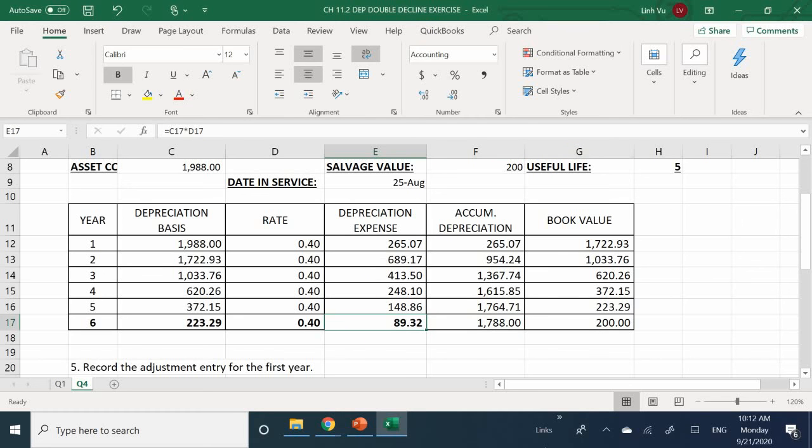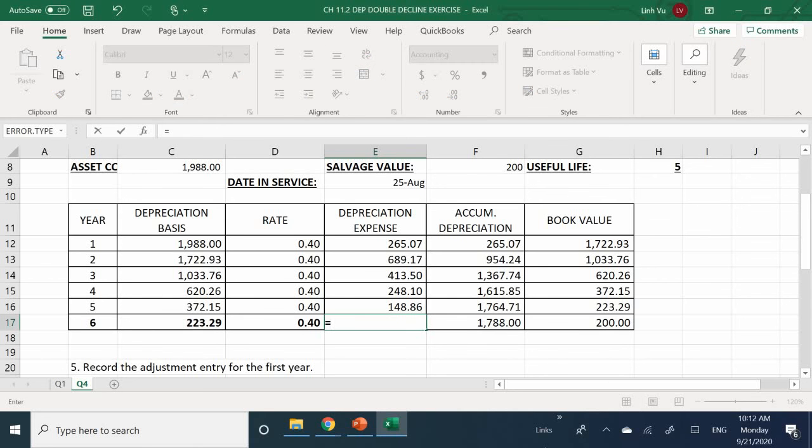If we do a little simple math here, we have our accumulated depreciation, we have our previous years. So my formula is going to be my accumulated depreciation minus my previous years to get my current year. And in this case, it's $23.29. Can someone calculate that for me?